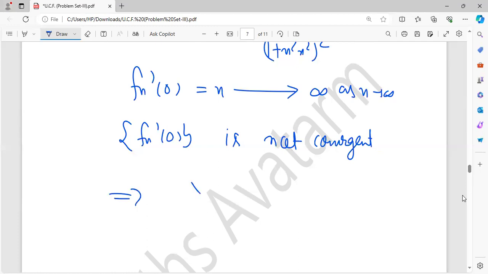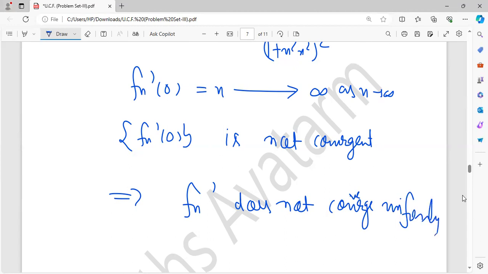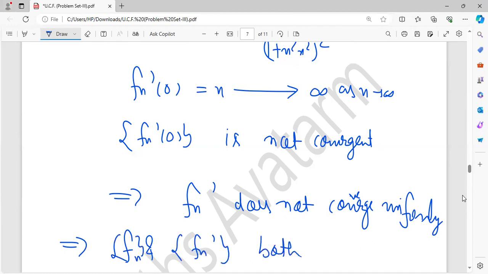It means fn dash does not converge uniformly. Okay. So what we conclude? This implies fn and fn dash both are not uniformly convergent.